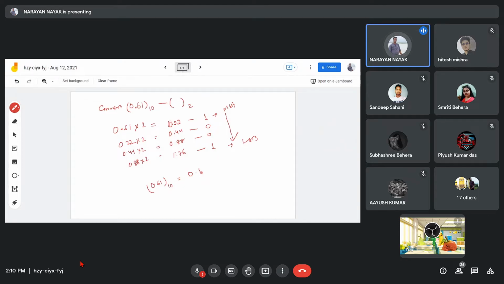This is 1 0 0 1 like this. Understood? So this way you have to do. Somebody can do 5 point, 6 point, 7 point, no problem, because this side we have to consider. Understood?